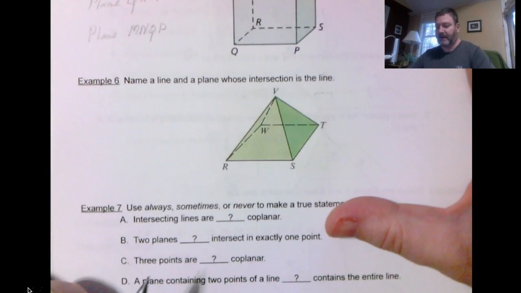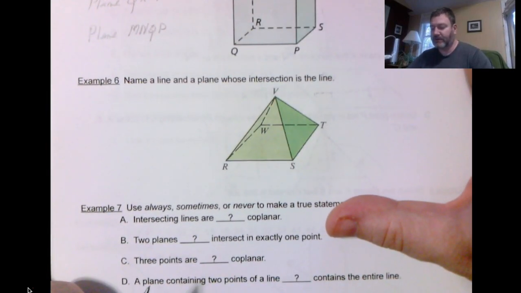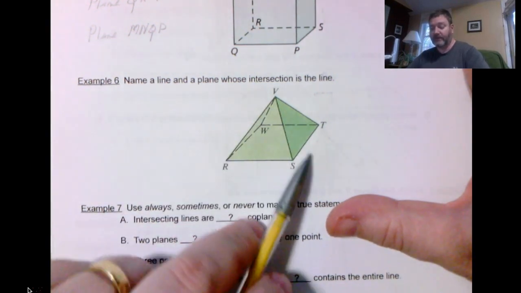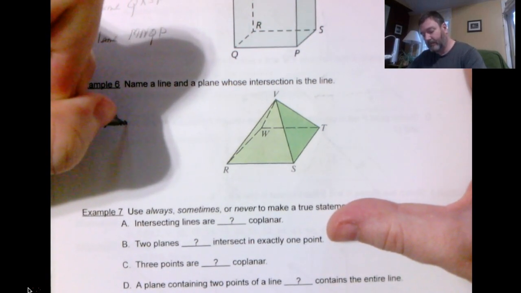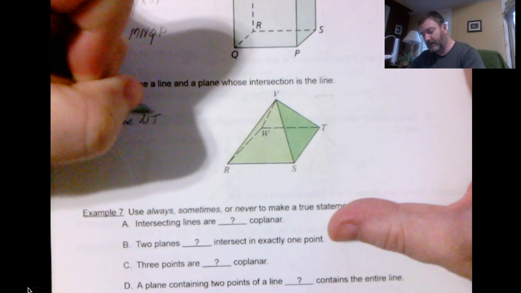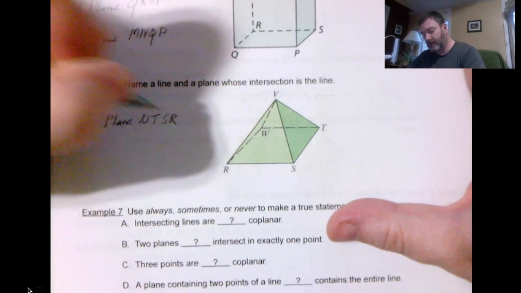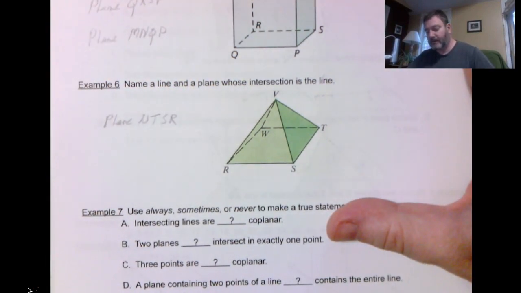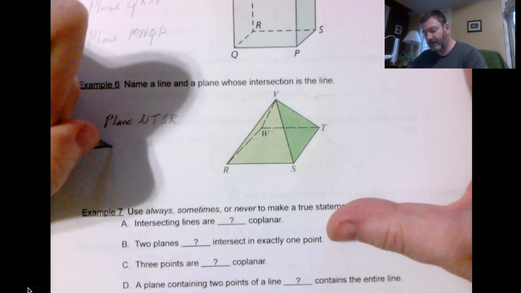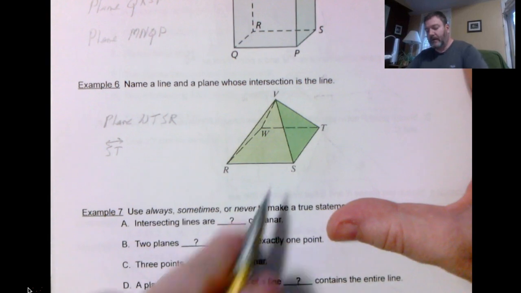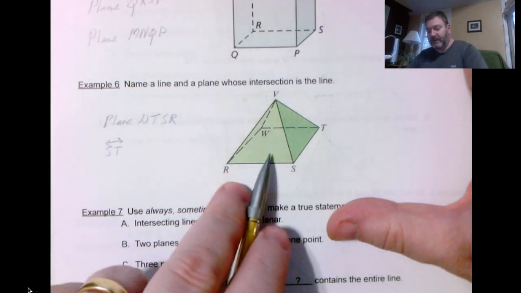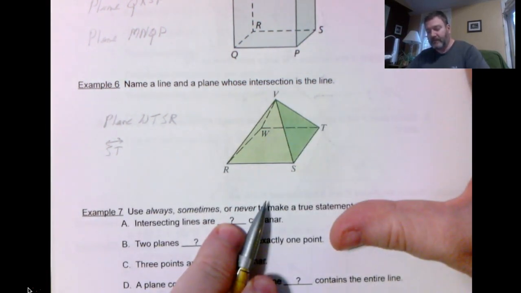Example 6. Name a line and a plane whose intersection is that line. Now, I've got many different choices. I'm going to choose the plane down the bottom here. So plane WTSR and line ST. WTSR is down the bottom, line ST is here.